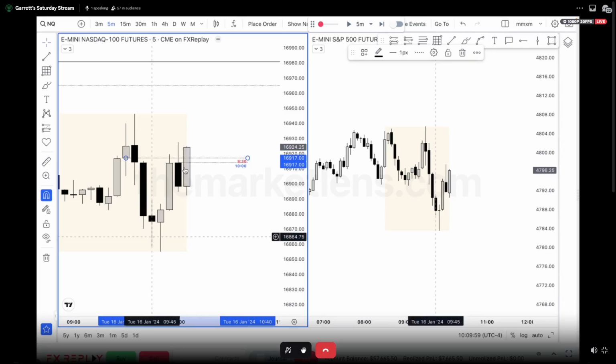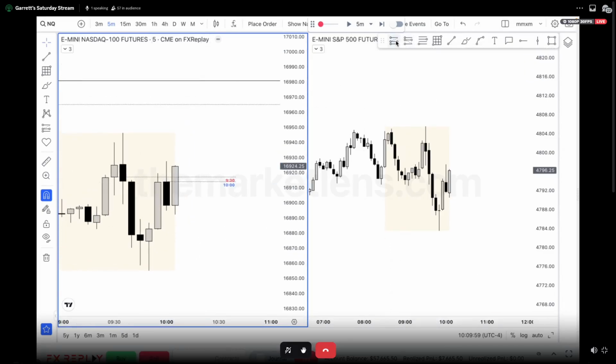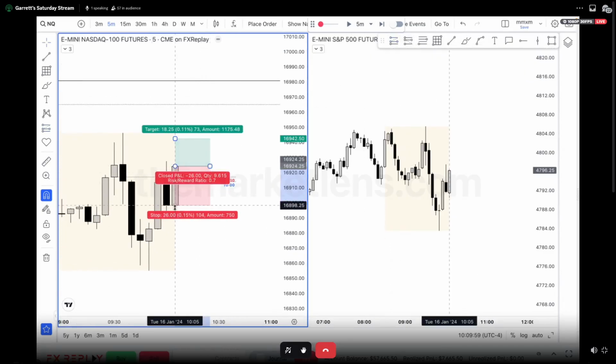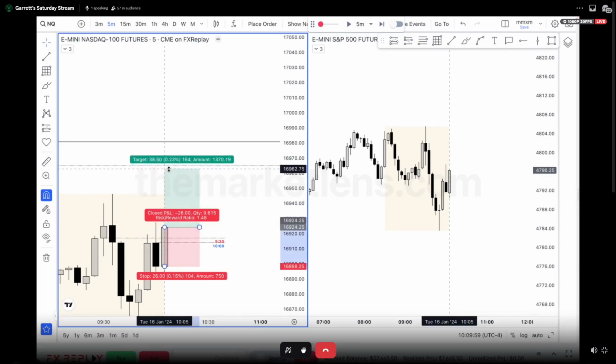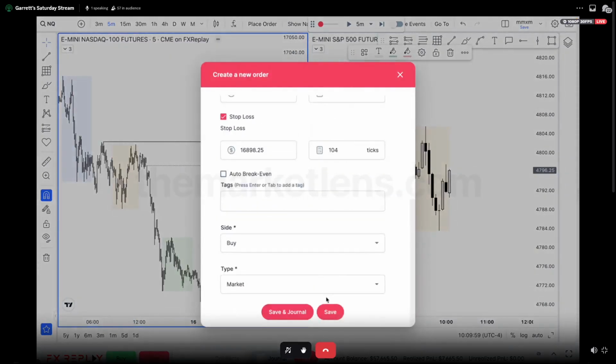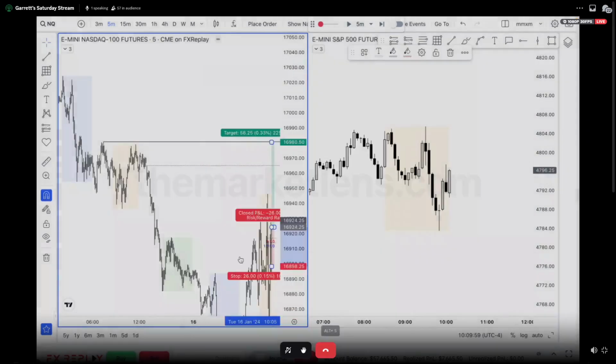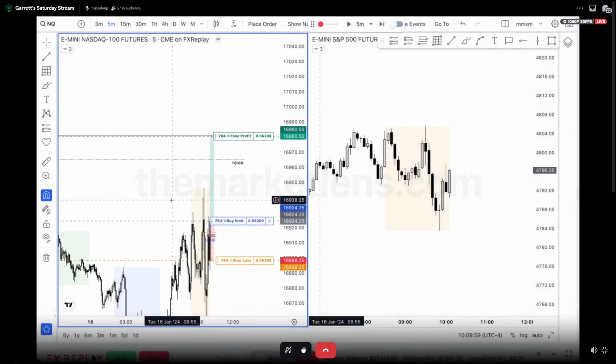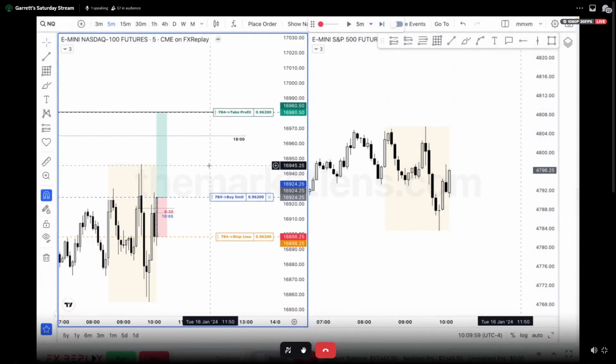And now we're getting the expansion away. So we're going to take this trade here. Do I at least have 2R here? No, 2R here. Okay, yeah, we're going to have to settle for a little bit past the daily open, so hopefully that gets hit. And then we'll manage really aggressively because these are the days where you need to be a little bit more conservative because the daily candle doesn't support expansion.